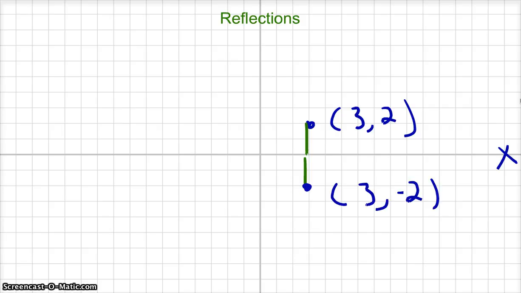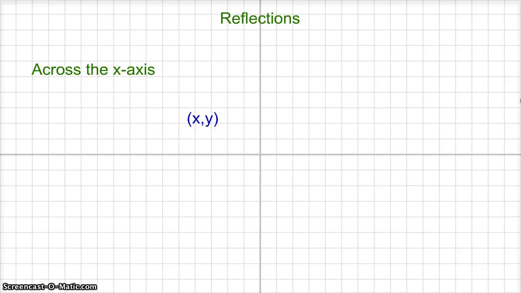So what's the difference between the pre-image and the image? From 3 to 3, I didn't do anything. My x's didn't change, but my y's, the sign changed. So when I cross the x-axis, my y sign changes. This is what I do need you to write down.